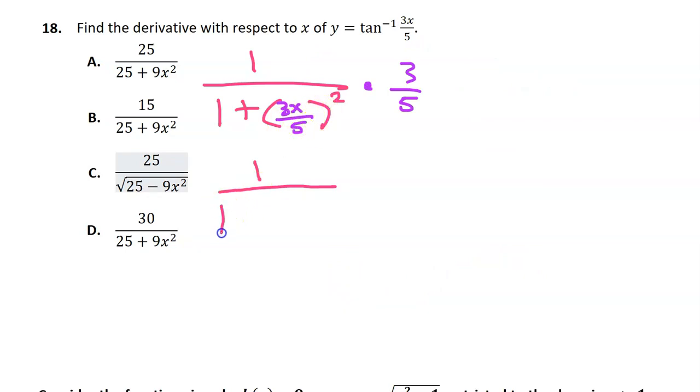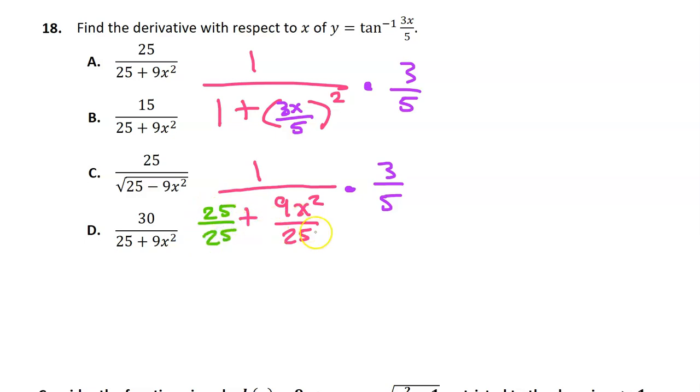So I'm going to have 1 plus 9x squared over 25. I'm going to leave this 3 over 5 hanging out for a minute. I'll do that later. So I'm going to need like denominators. I want to add this together. So instead of having 1, I can think of this as 25 over 25.